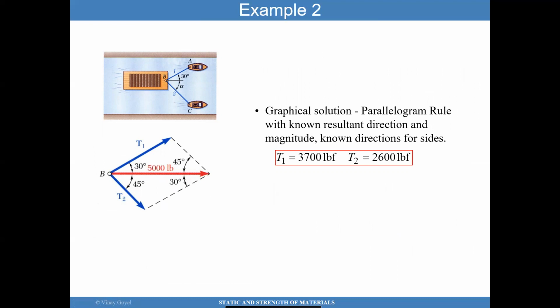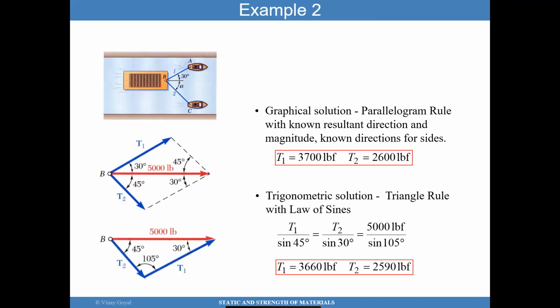So we can again basically translate this vector here to get this length. Graphically, you can just draw this line here parallel to that one, and when you do that, you basically get the total resultant in that direction very, very quickly.